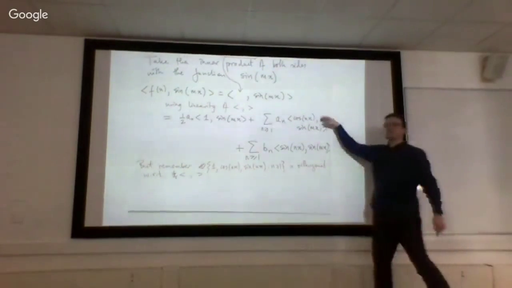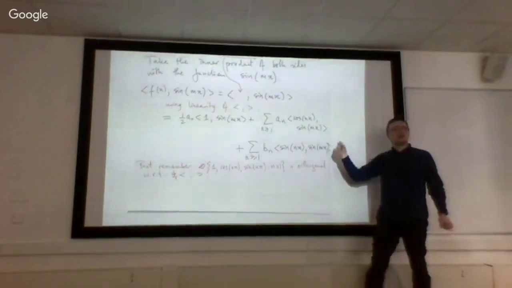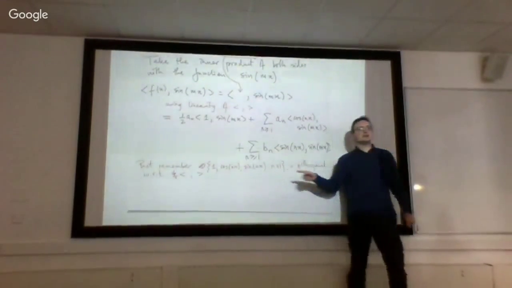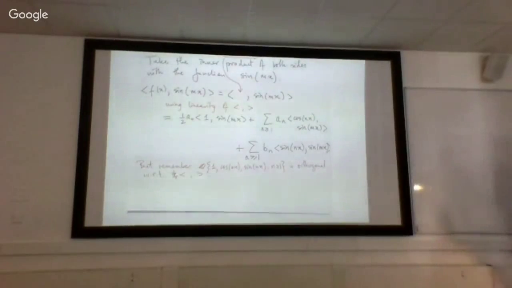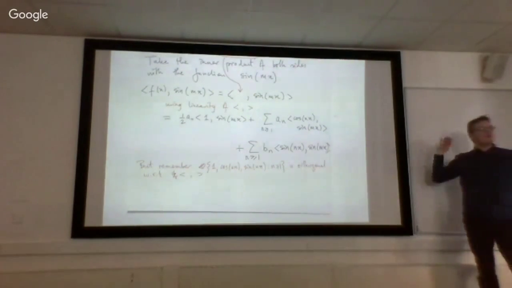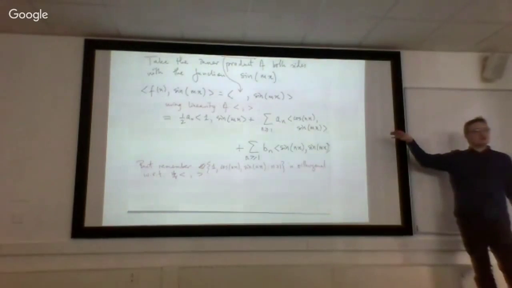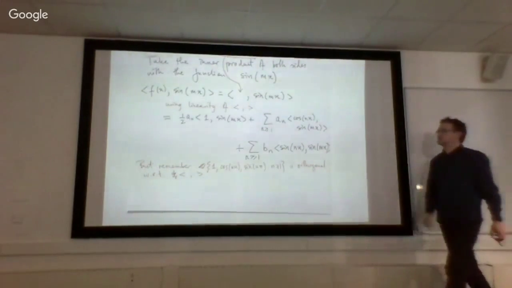So here I've got a load of individual inner products, but they're all inner products between functions in this family. But this family of functions is orthogonal. So most of those inner products on the page there are all equal to 0.